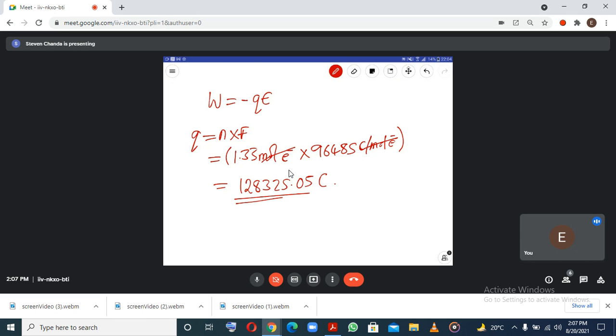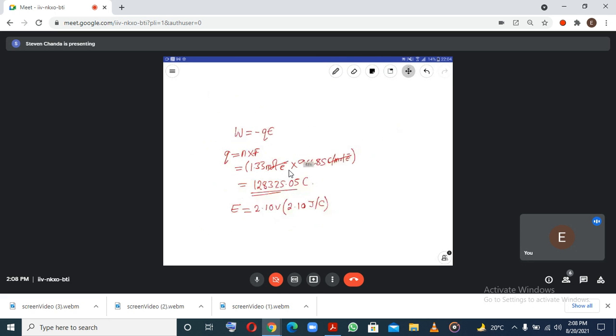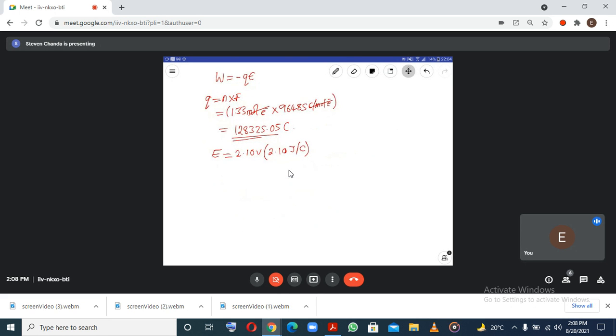And they told us that the E that was found was actually 2.10 volts, and we know that this is the same as 2.1 joules per coulomb. Why am I using joules per coulomb? So that the coulomb can cancel, because when we write volts, it will be relatively tricky for us to see the cancellation. But it's basically the same thing.